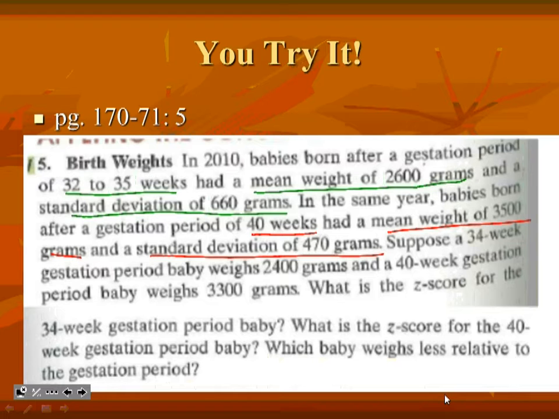So I continue reading. It says, suppose we have a 34-week baby. So that, of course, falls in the 32 to 35. And this baby weighs 2,400 grams. But they also tell me that I have a 40-week baby who weighs 3,300 grams. What do those two numbers represent in their separate situations?